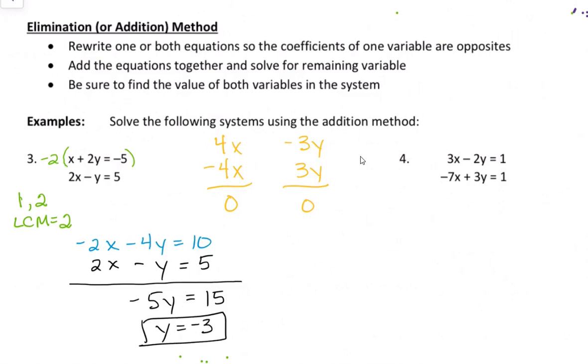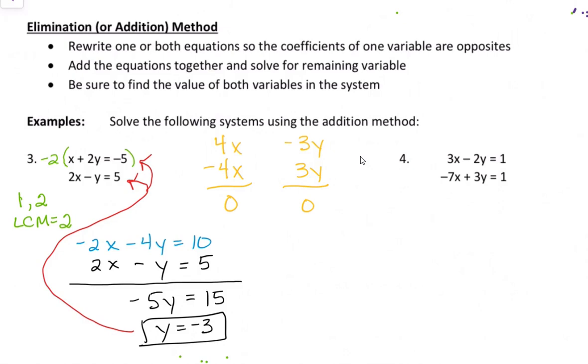So I have half of that ordered pair solution. Now to get the x, I'm going to need to substitute that y back into either one of these original equations. It doesn't matter which one you plug it into. You'll get the same x value back either way.